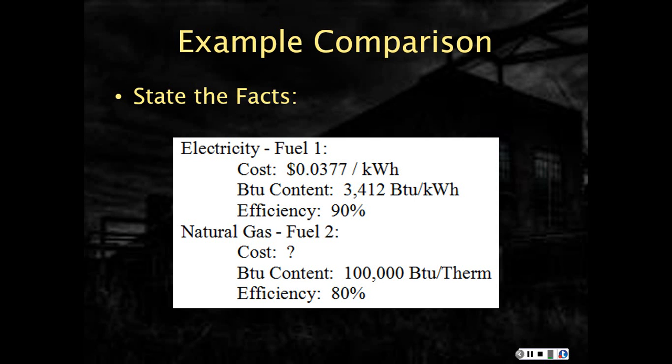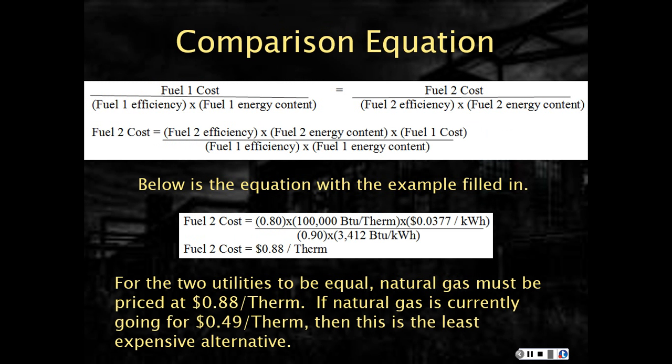In other words, what would the natural gas cost have to be to equal the electrical if I'm getting 100,000 BTUs per therm and an efficiency of 80%. What you see here is the equation to set up to get an equivalency. In other words, comparing one fuel against another. Where do they actually equal each other?